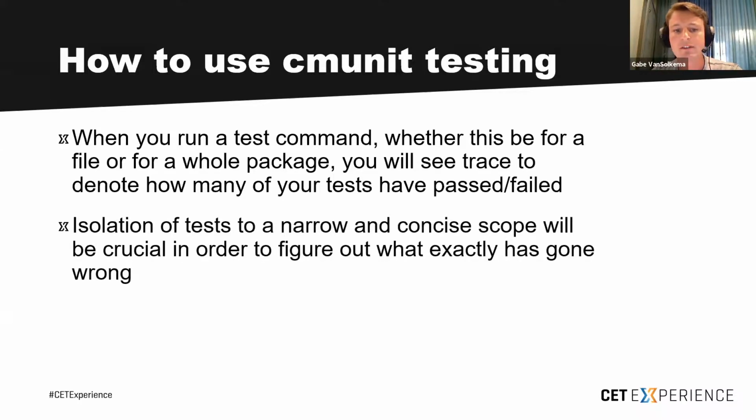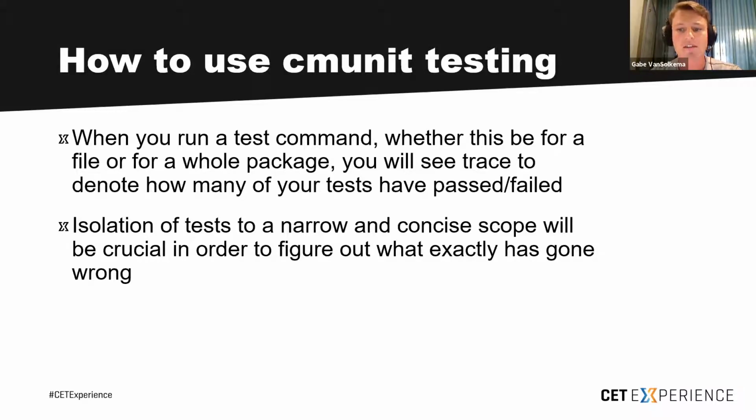And then the isolation of your tests to a narrow and concise scope will be crucial, because if you don't have isolated tests with a very defined and concise scope, your tests could be failing due to a number of reasons. That's why it's so important for your tests to be super clear. Like, hey, this is a test that's testing this specific thing, and I'm expecting this specific output.